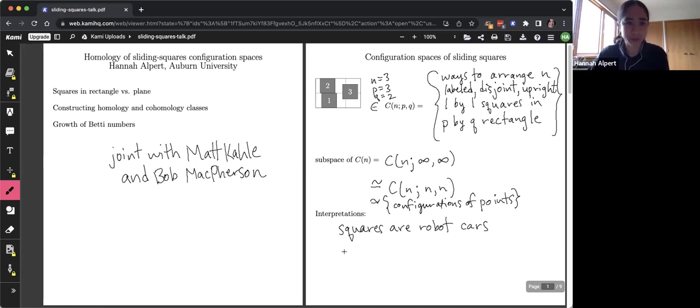The other interpretation that we often have in mind is that the squares are molecules. In this case, we would be imagining a really large number for n, lots and lots of squares, and we're thinking of them as very small, but equivalently the rectangle is very big.